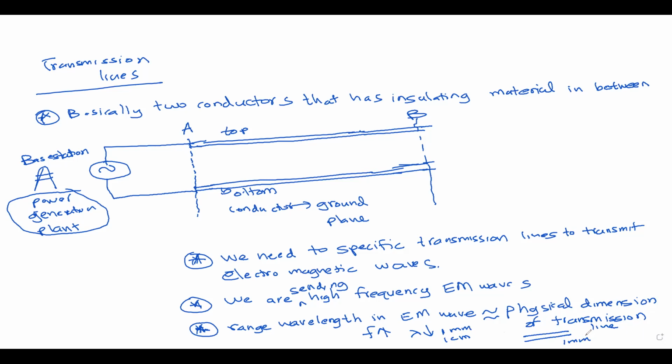This happens especially in microstrip designs or circuits. I will explain what microstrip is. Basically, the antennas, systems, or circuits that we use in our smartphones have transmission lines of 1 millimeter thickness.